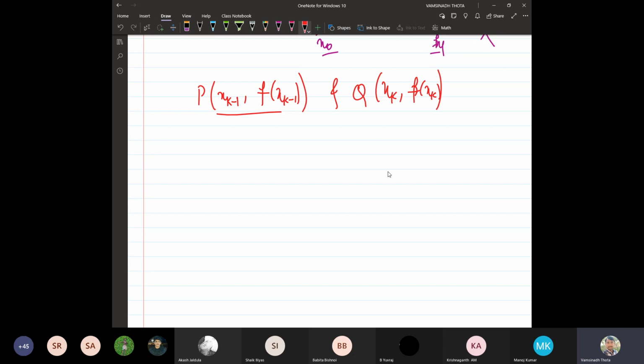Now, what is the equation of the straight line passing through these 2 points? And here, what we should remember is that f(x_{k-1}) should not be equal to f(x_k). Why? Because if both of them are the same, then we are not going to have any intersection with the x-axis.